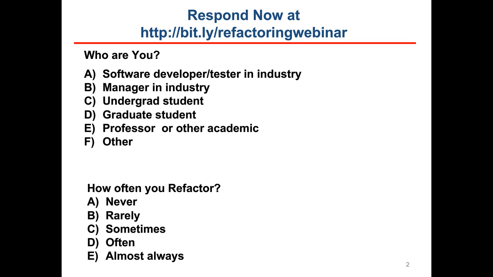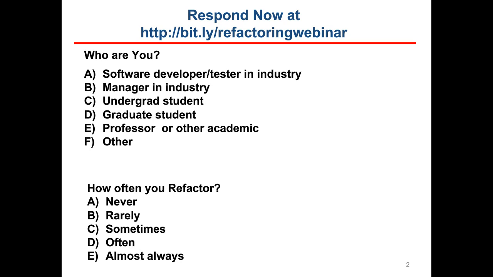About 50 people already replied to this, and the numbers are going up as I'm speaking right now. Half of the audience, about 54%, are software developers, testers, and users or practitioners. I'm so grateful for you. You make a huge difference. You make us all famous. We have about 10% managers. Then we have undergrad and graduate students.